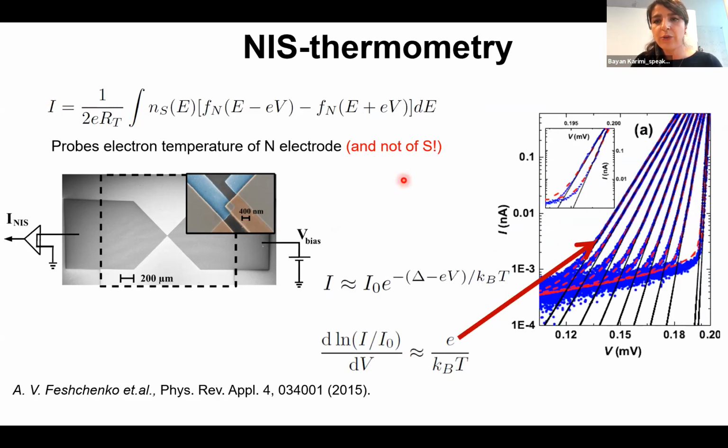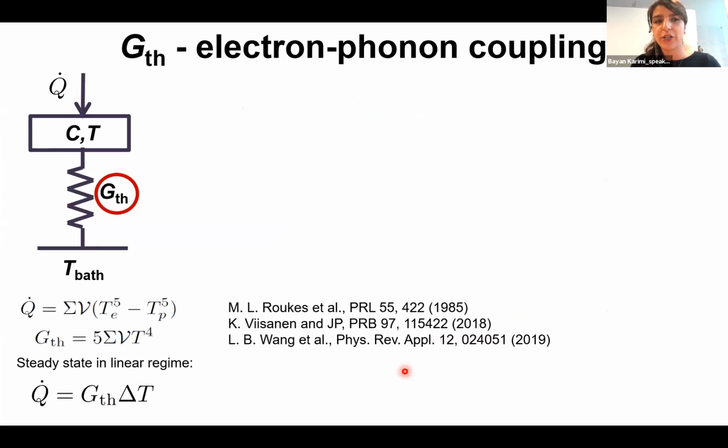The way we use this is that we have the IV of our measurements, and by measuring the slope of this IV, essentially we have a universal dependence on the temperature, and by this we can directly calibrate the system based on the temperature. So this is the way that we are measuring the temperature in general.